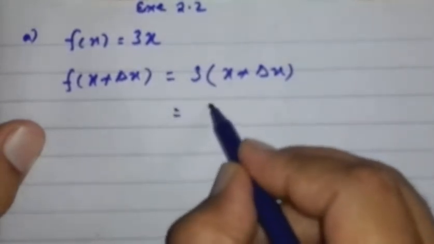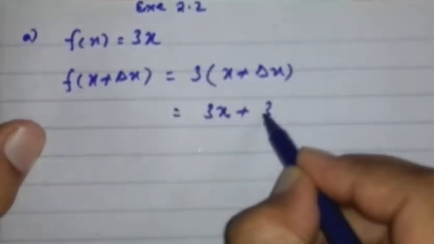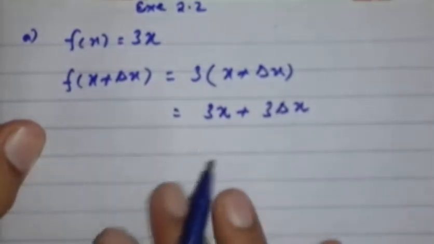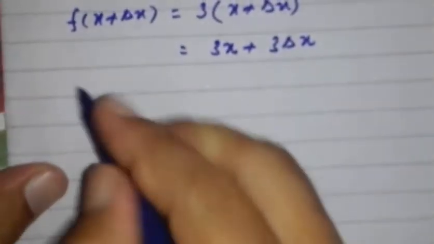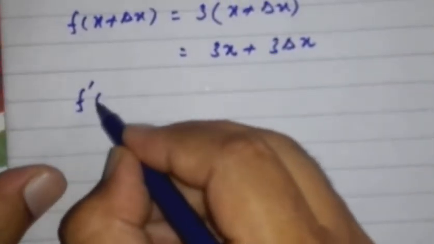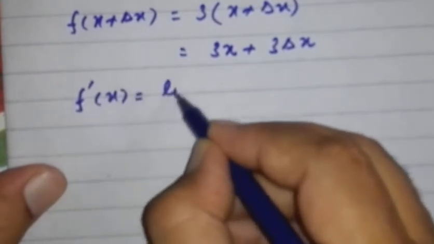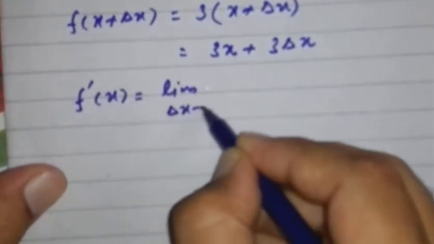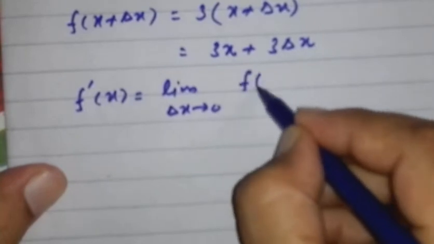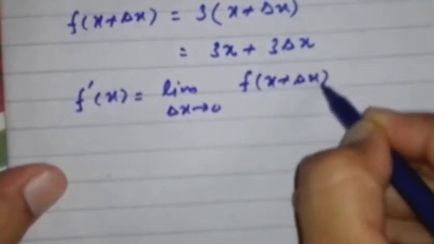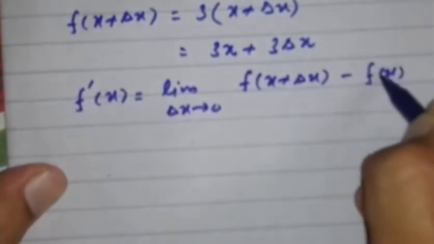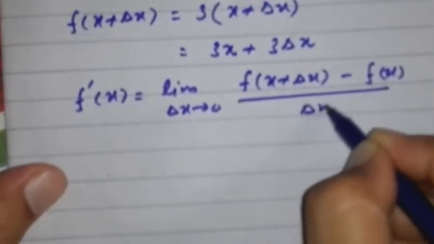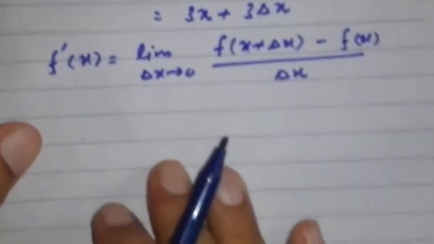So it becomes 3x plus 3 delta x. Now first principle rule is f prime of x equals limit delta x tends to 0 of f of x plus delta x minus f of x divided by delta x. Now put the values here.